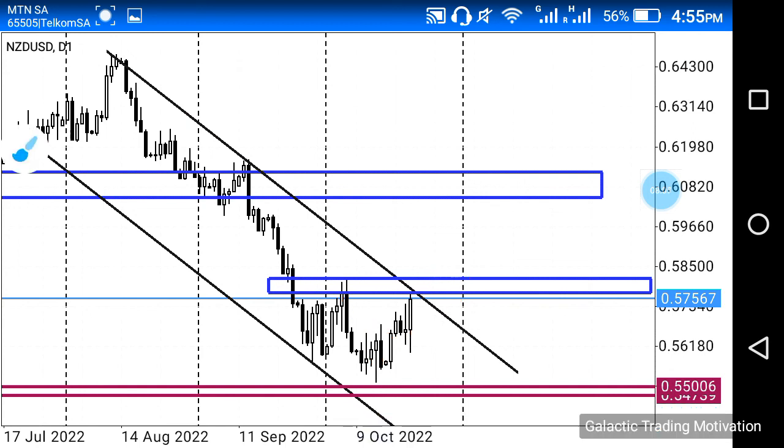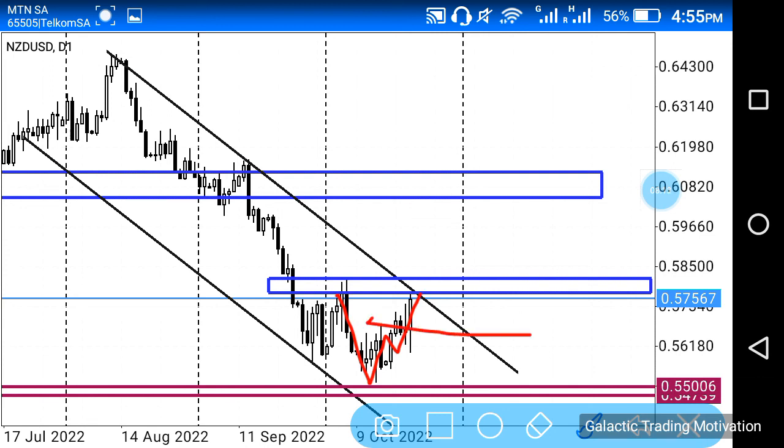Also, as much as we have this smaller W structure which has a neckline at that point, and the anticipation is that price may push to this level and then push up, what may actually happen is price from where it is may push further down to this level, and that is because, guys, as I've said, we have a lot of money trapped at this level, and then price may potentially give us a very big W structure, in which case we would look for potential buying opportunities at that point, right? I hope that makes sense.